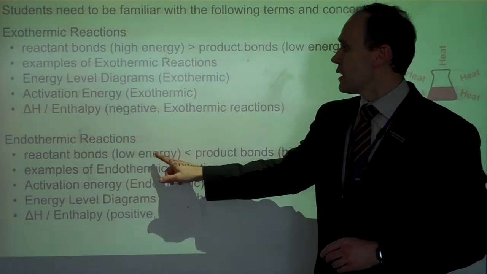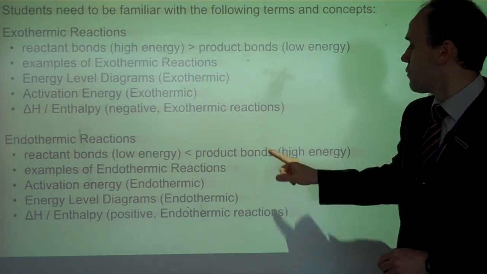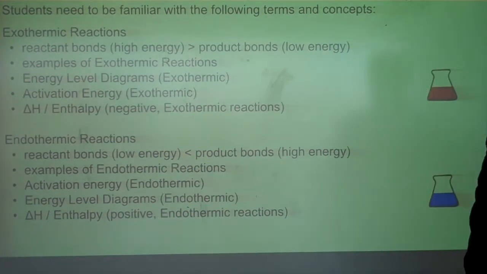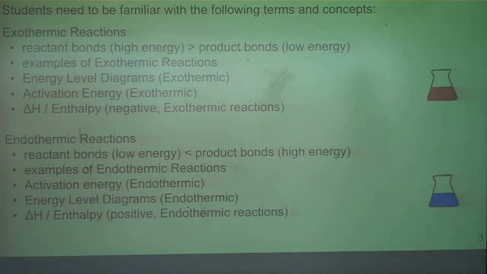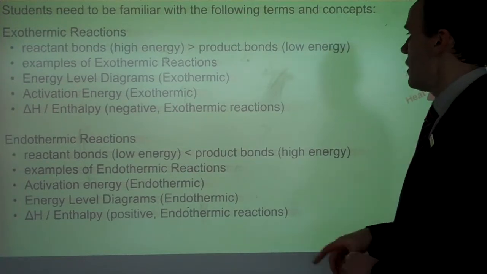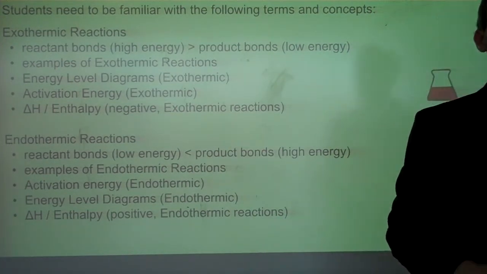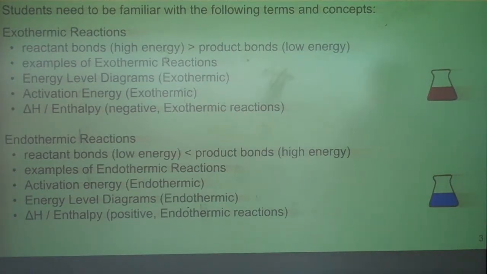The reactant bonds are low energy and the products are high energy. And I gave you an example of this type of reaction in photosynthesis, where the reactant bonds are low energy in the form of carbon dioxide and water, and you end up with glucose, which has high energy in its bonds.